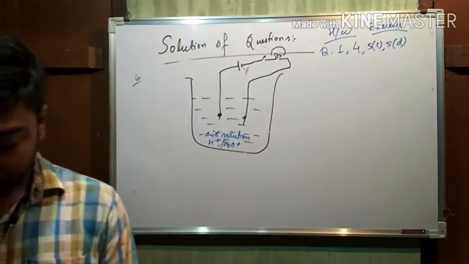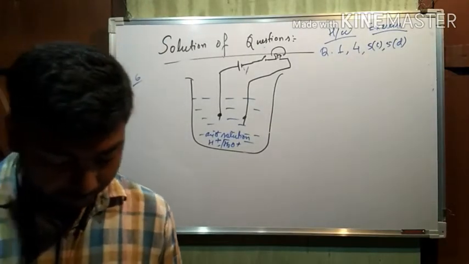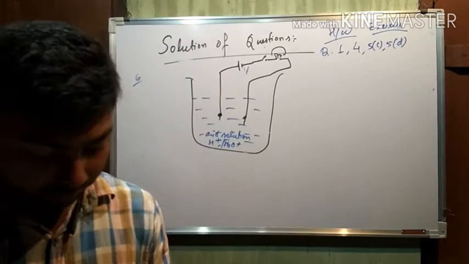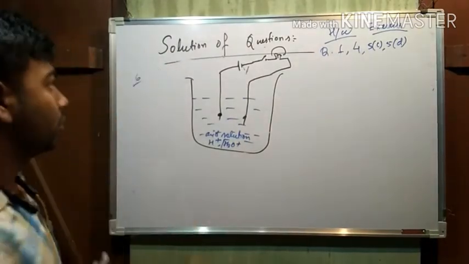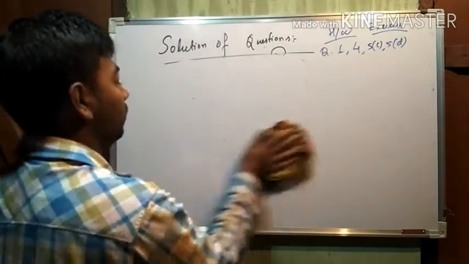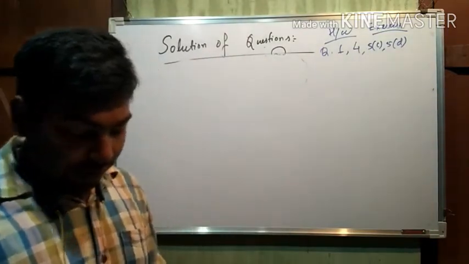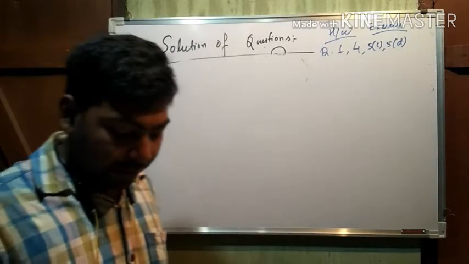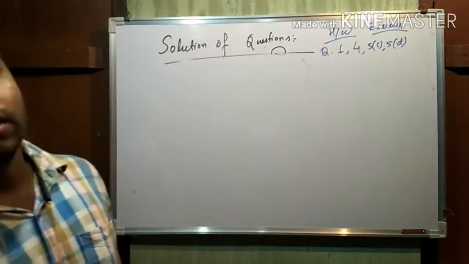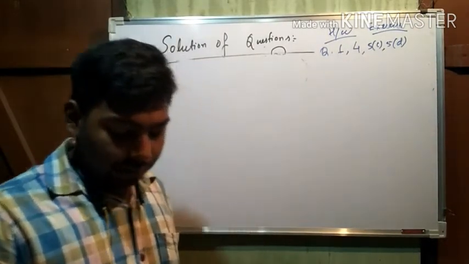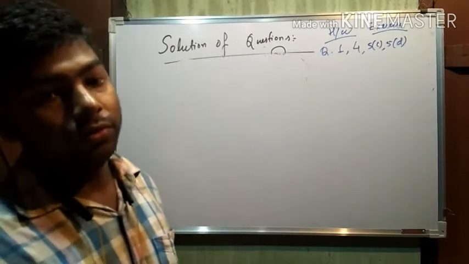Next question. Question number 7: rainwater conducts electricity but distilled water cannot. What is the reason?